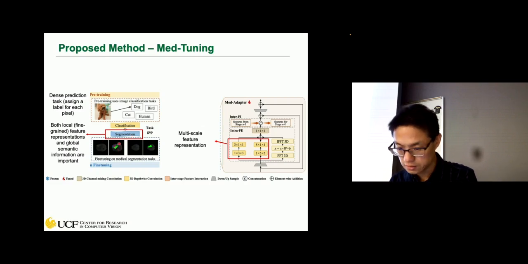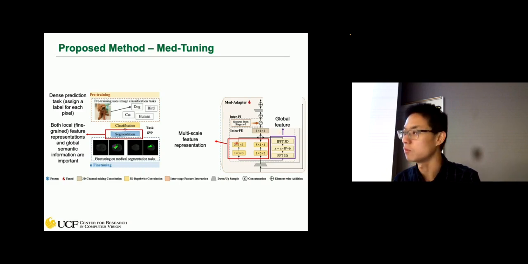In multi-class tumor segmentation, a lot of tumor regions are very small and blend with different tumor types. So we want very fine-grained, detailed representation. To achieve this, we also add another branch, right? This is the usual 3D separable convolution to gain the temporal modeling, but we also add another branch.